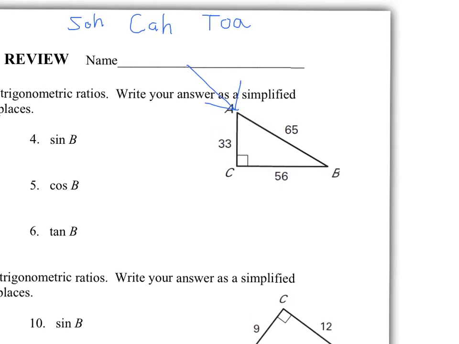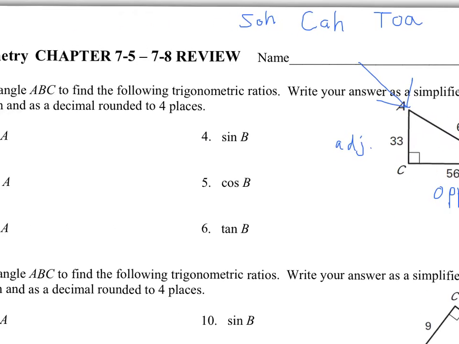The sine of angle A is opposite over hypotenuse, so 56 would be the opposite. 65 is the hypotenuse, and when we get to it, 33 is the adjacent, because it's right next to the angle, but it's not the hypotenuse. So sine, opposite over hypotenuse, 56 over 65.